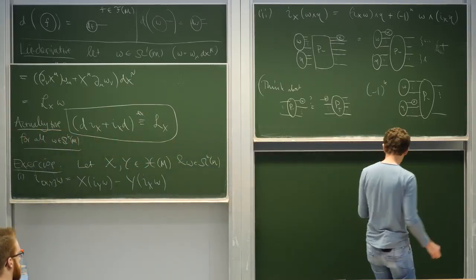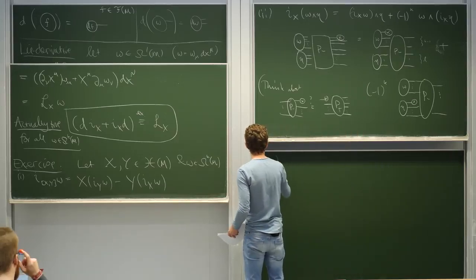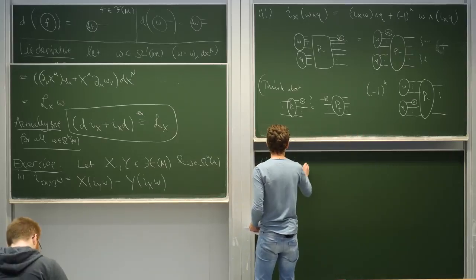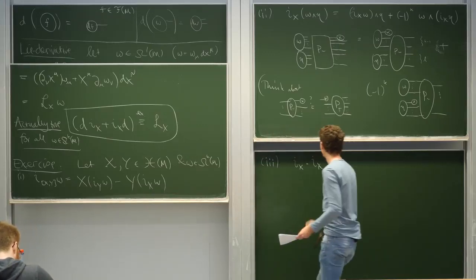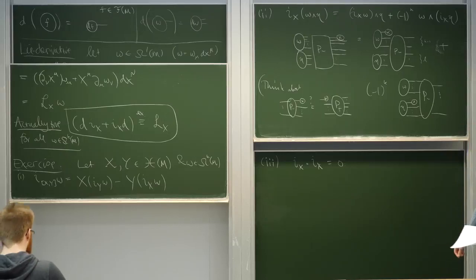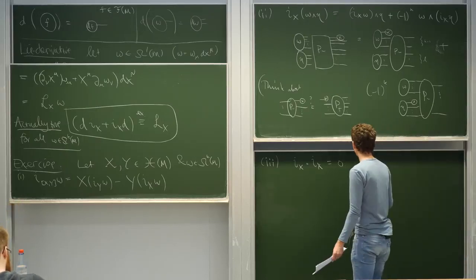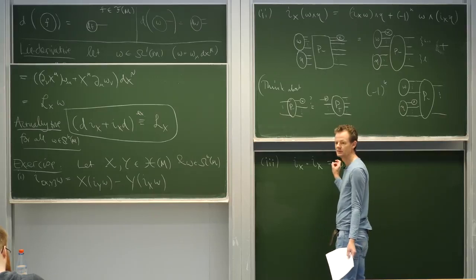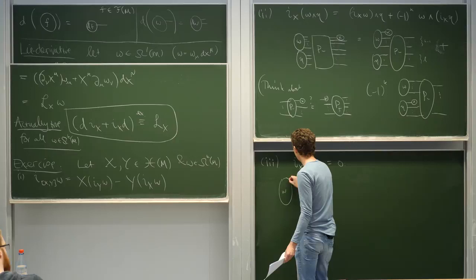Okay, another exercise. This one is also rather interesting. The interior product twice is 0, so it's nilpotent. So diagrammatically, this one's pretty easy to show.